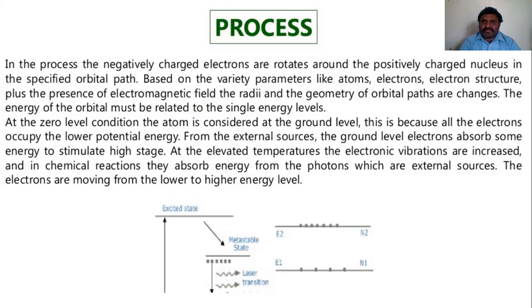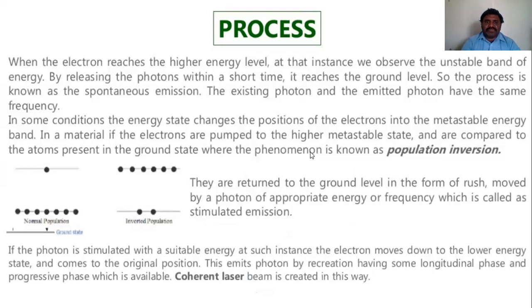Here we have another process, a continuation of this process. When the electron reaches high energy from low energy, at that instant we observe an unstable band, and it will come into a stable state.